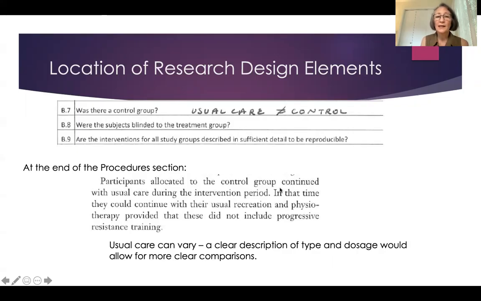So while they were allocated to the control group, they continued with usual care during the intervention period. In that time, they could continue their usual recreation and physical therapy. And these did not include progressive resistive training, but we don't know what else it did include.